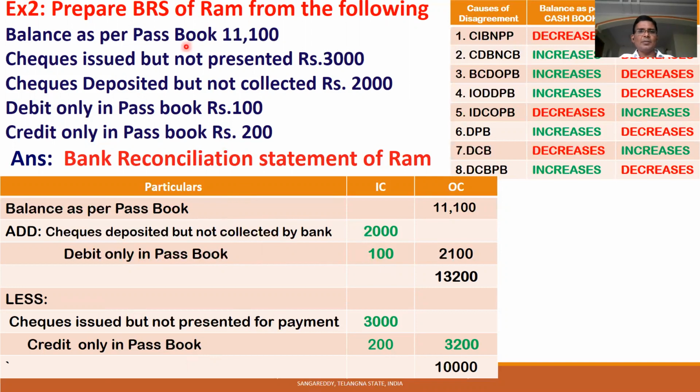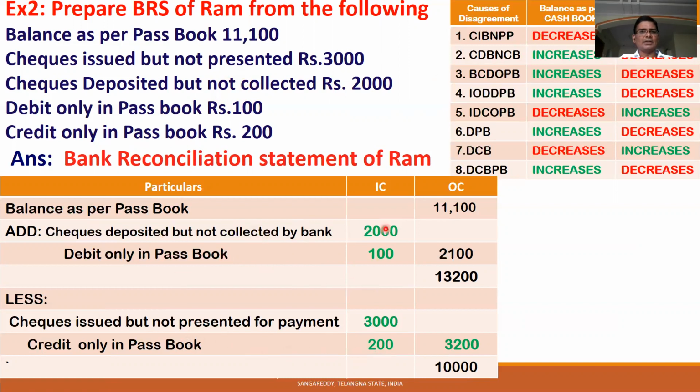So we have to see whether passbook increases or decreases for this problem, because given is passbook. Credit only in passbook, passbook increases, less 200. Debit only in passbook, passbook decreases, add 100. Checks deposited but not collected, passbook decreases, add.